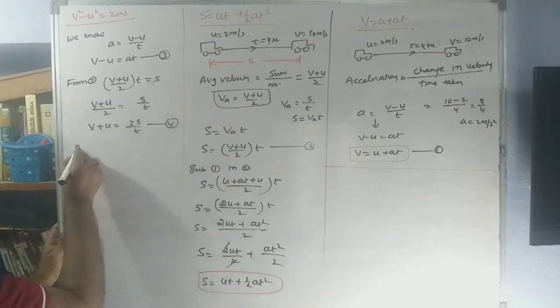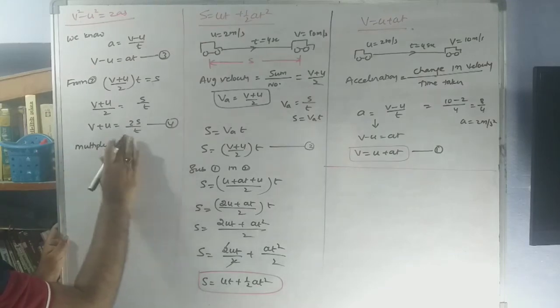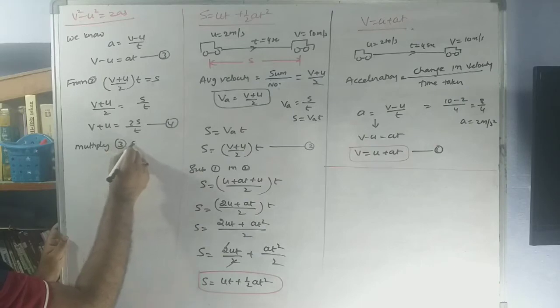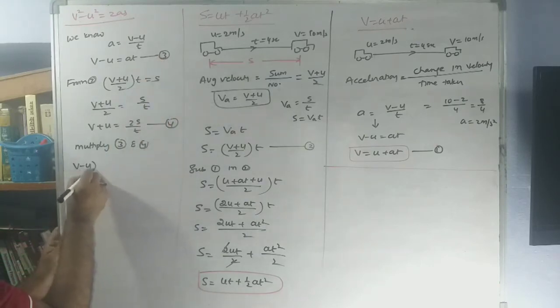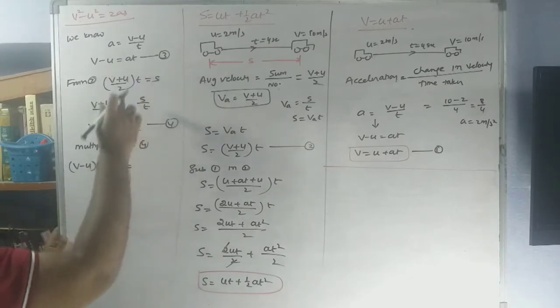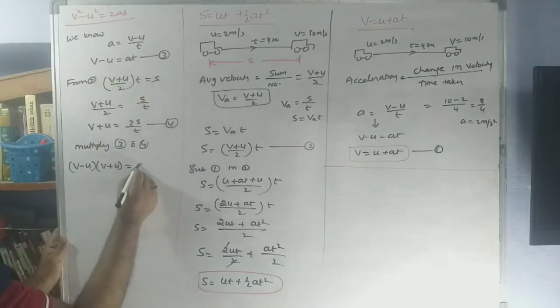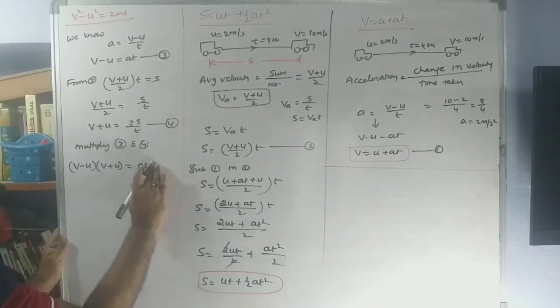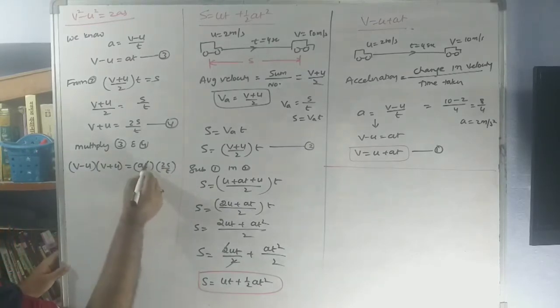So what are you going to do here? Multiply 3 and 4. Multiply these two equations. What are you going to get? v minus u into v plus u is equal to, left hand side we have multiplied, right hand side also we can multiply, at into 2s by t. So what gets cancelled here? t gets cancelled.